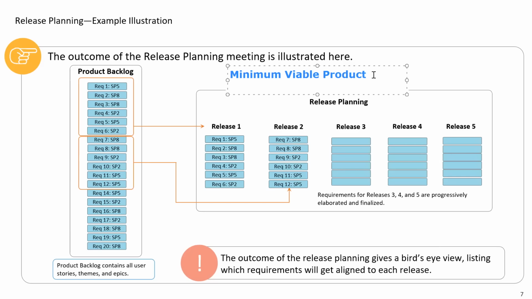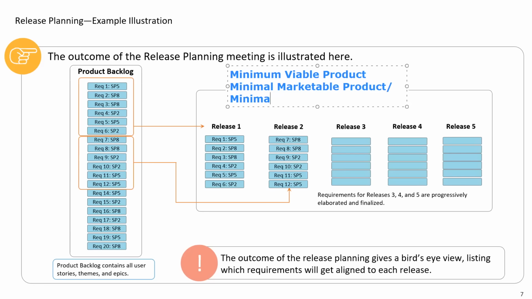Now, there is something called a minimum viable product, and there is something called a minimum marketable product or minimal business increment, right?